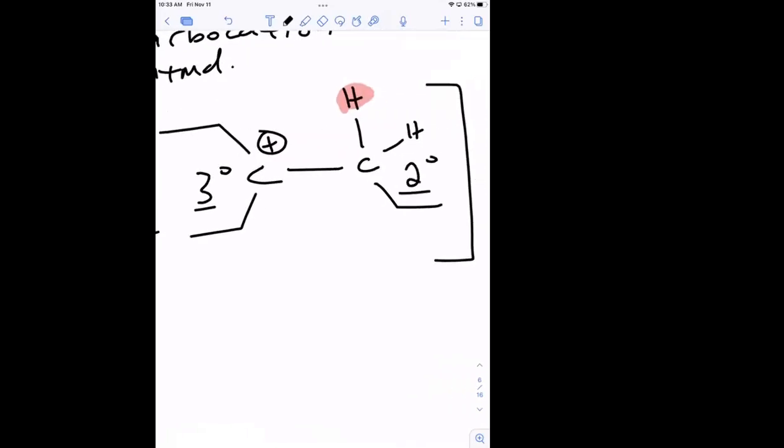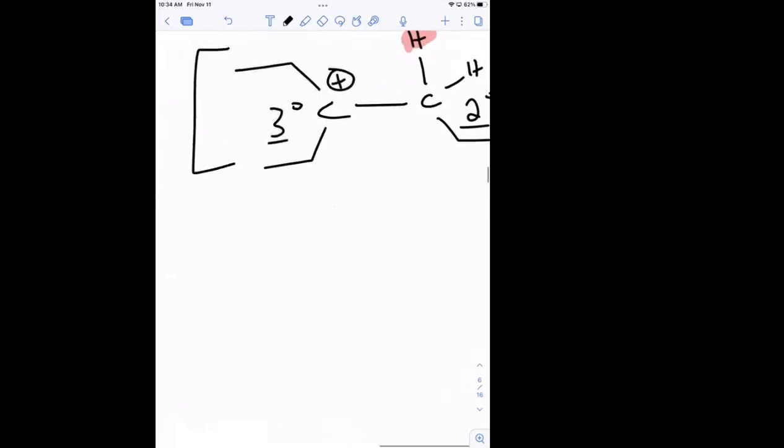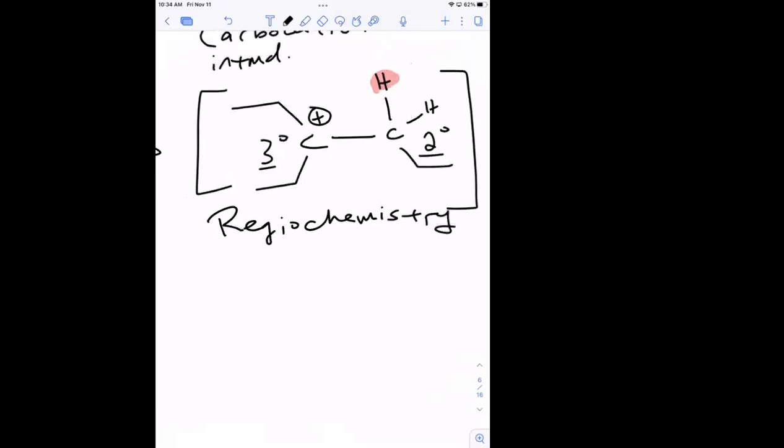Yeah, so we know that, right? We know the carbocation stability trend, tertiary is the best carbocation that you can make. So that leads us to another part of this discussion, which is what we call regiochemistry. Right, or the carbon in a double bond which picks up the proton.